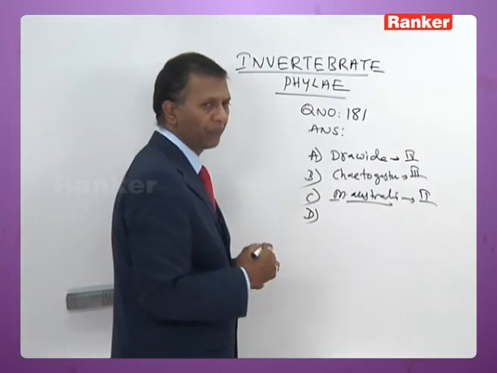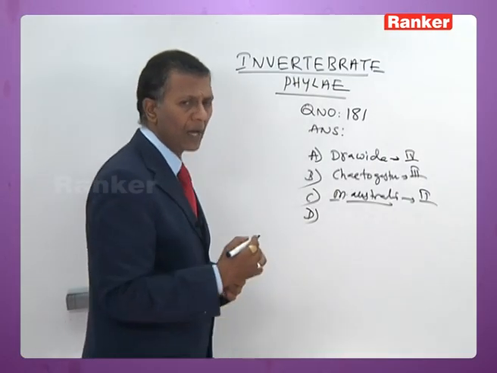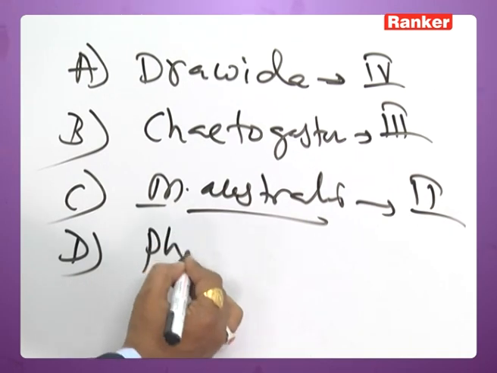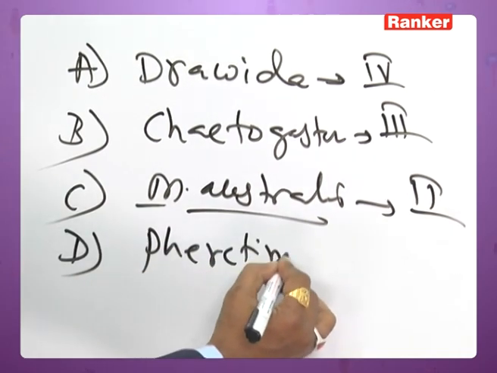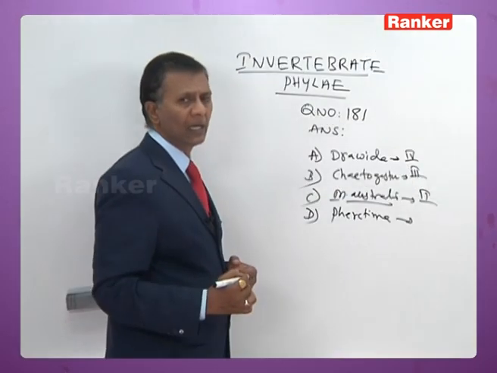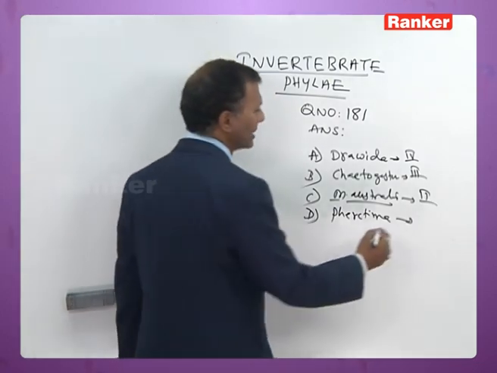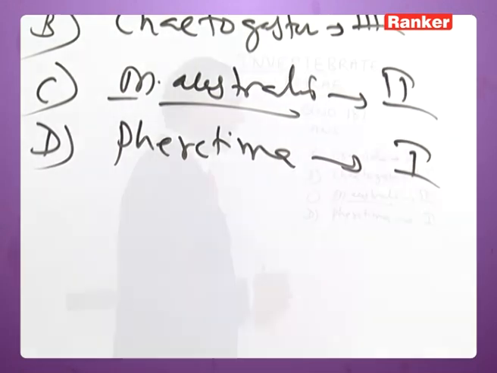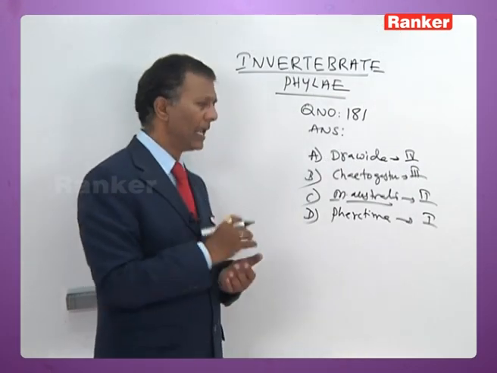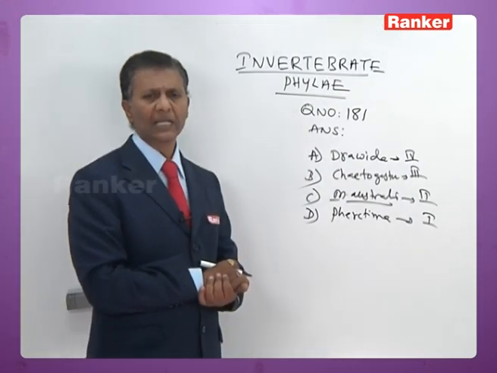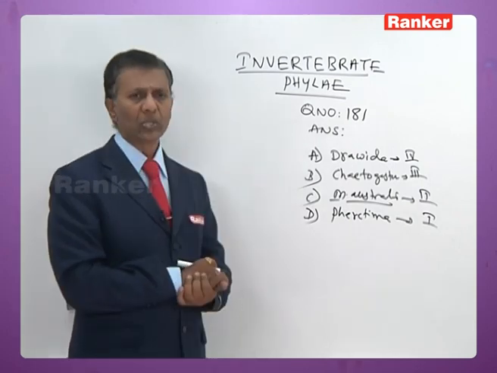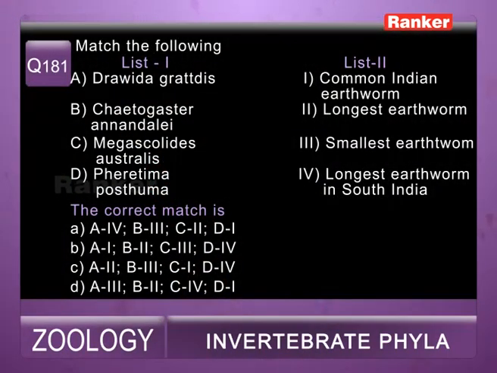Then D, Ferritima. Ferritima is the common earthworm in North India. So common Indian earthworm, first option is correct. So correct answers are A4, B3, C2 and D1. So 181 question, correct answer is A.